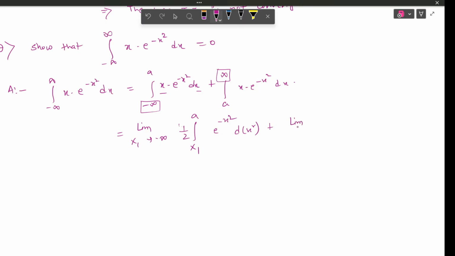plus limit x2 tends to infinity half of integration a to x2 e to the power minus x square d of x square, right? So we can say half of limit x1 tends to minus infinity, and this integration would be, see, integration of e to the power x dx is e to the power x.